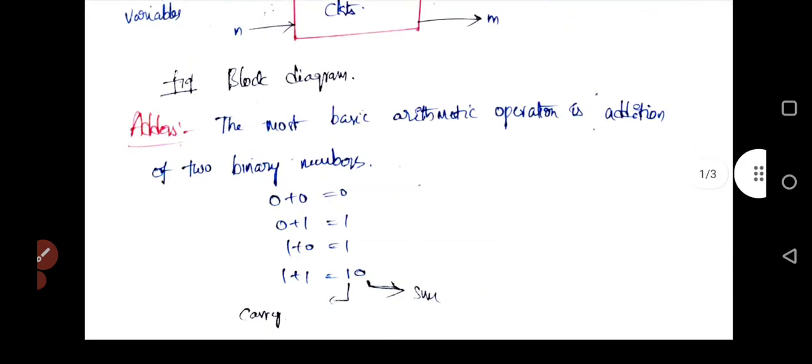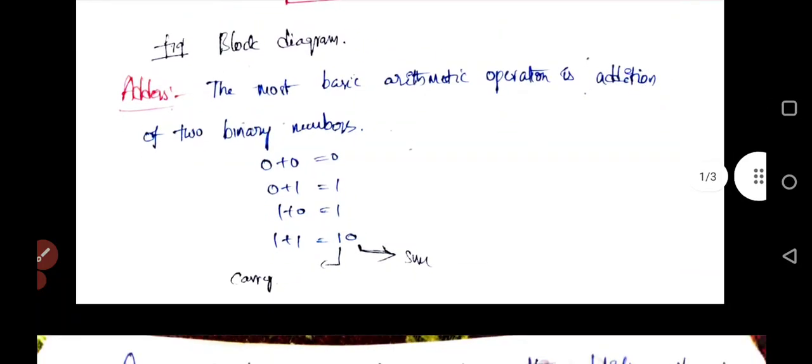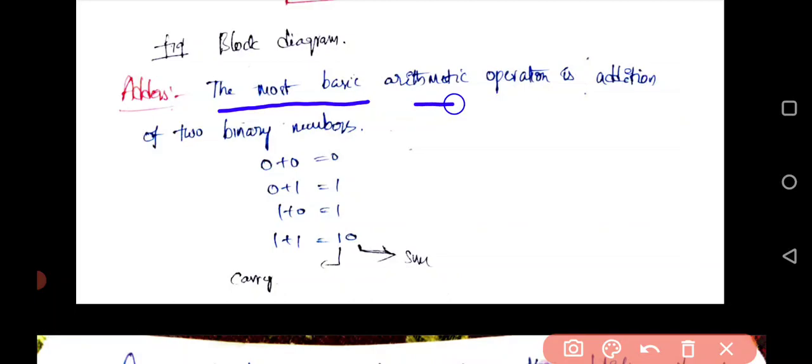Adder: the most basic arithmetic operation is the addition of two binary numbers. In binary representation, how is the addition performed, and what about the carry generation? 0 plus 0 is equal to 0. 0 plus 1 is equal to 1. 1 plus 0 is equal to 1. 1 plus 1: sum is 0, carry is 1.